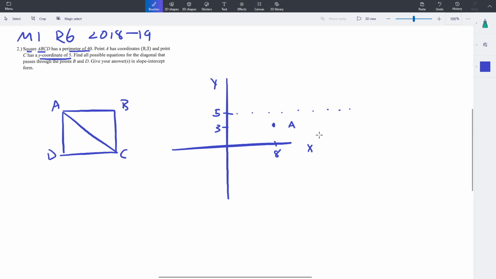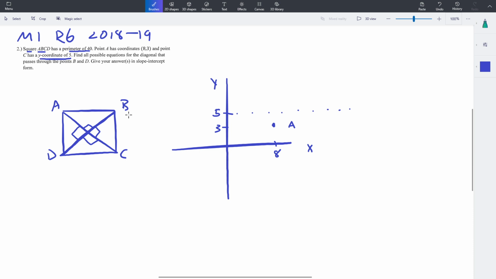Find all possible equations for the diagonal that passes through the points B and D. Now we have B and D going like that. We know immediately that these are all right angles, because it is a square after all.